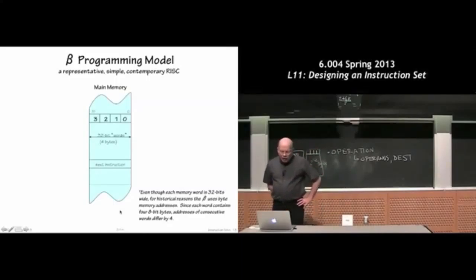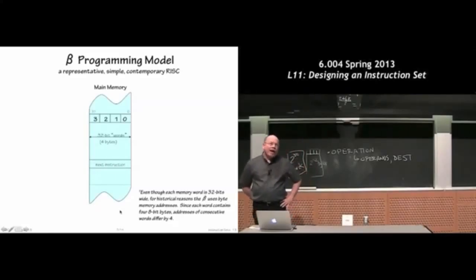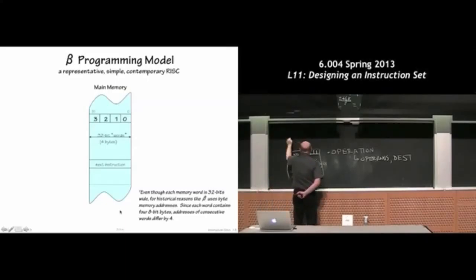So we have this memory organized as 32-bit words, and conceptually when we send an address to the memory, we're going to be asking for a whole 32-bit value to come back. The address that we send is a 32-bit address, which is the 30-bit word index, and the bottom 2 bits will always be 0.